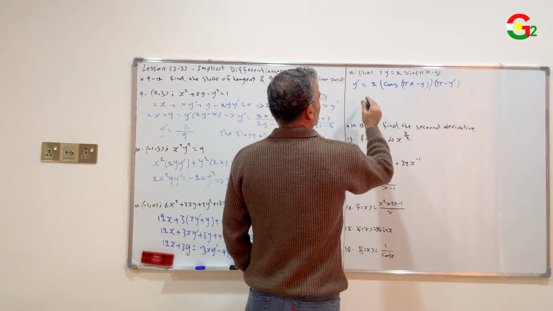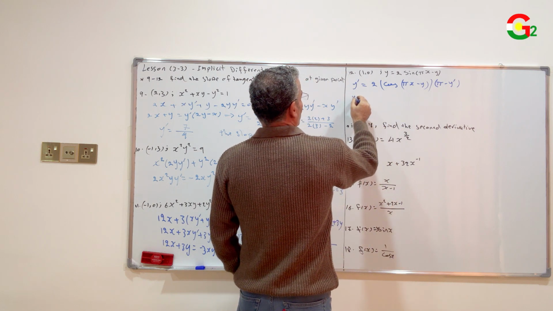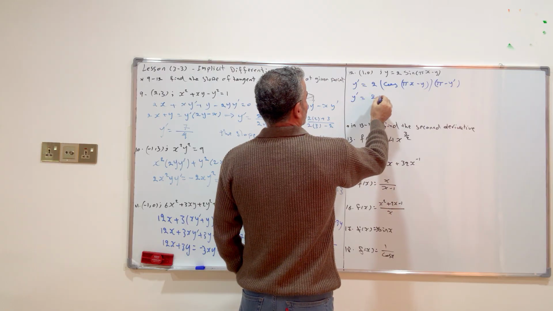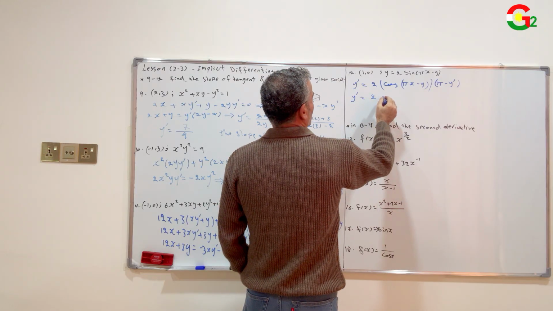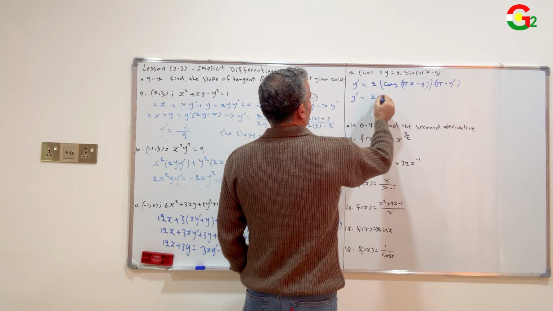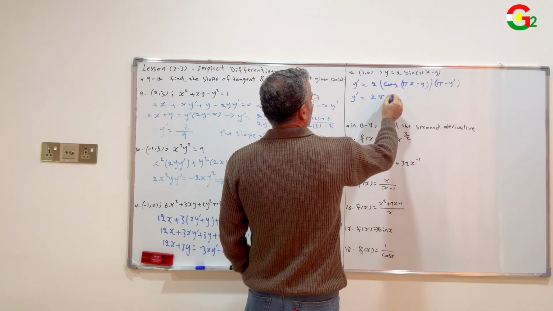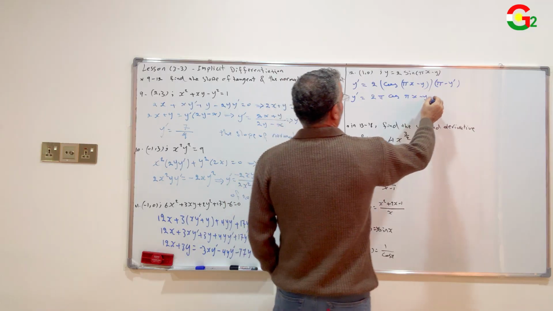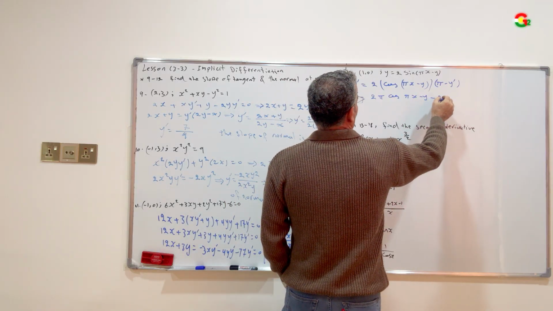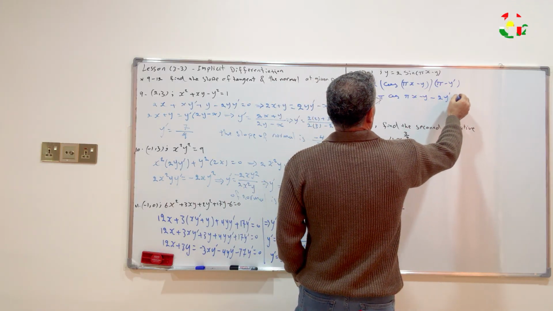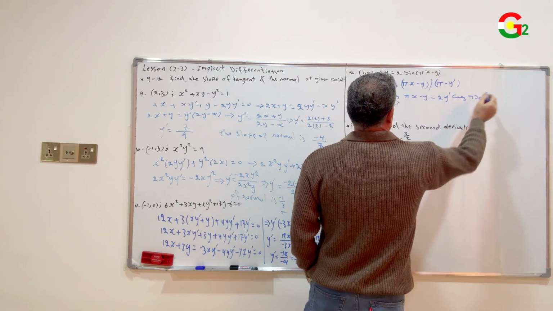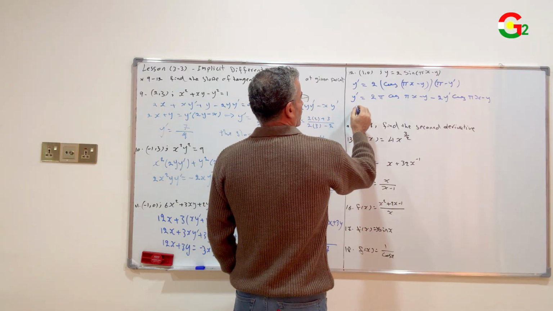Then y prime equal to 2 pi cosine pi x minus y minus 2y prime cosine pi x minus y.